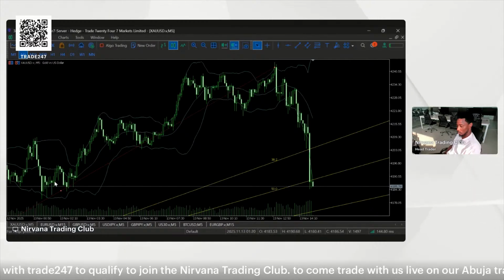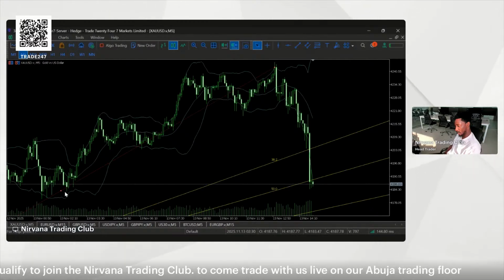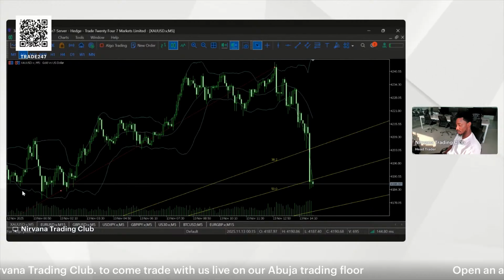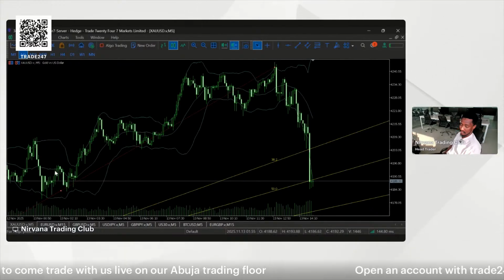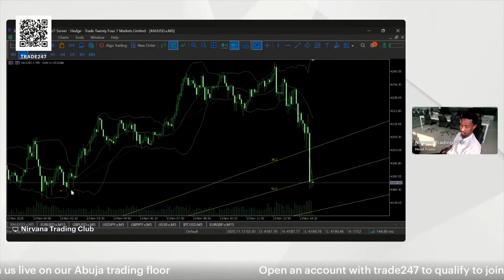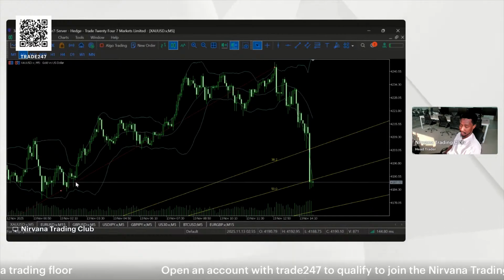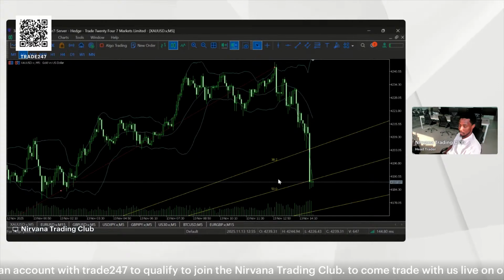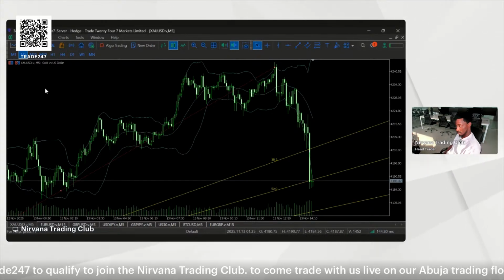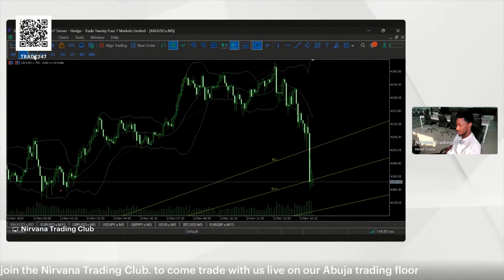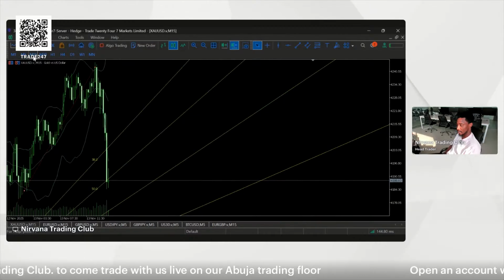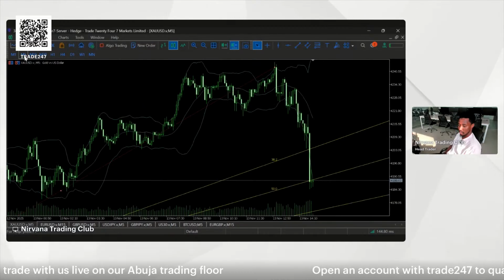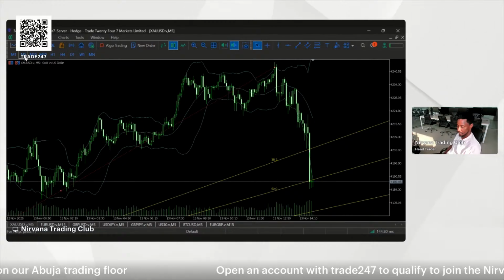This is the support zone. Looking from here to the left side of the screen, we have a demand region around here. Relating that to this, we can as well use that for our backing. So let's keep watching and see if something good will happen from here.